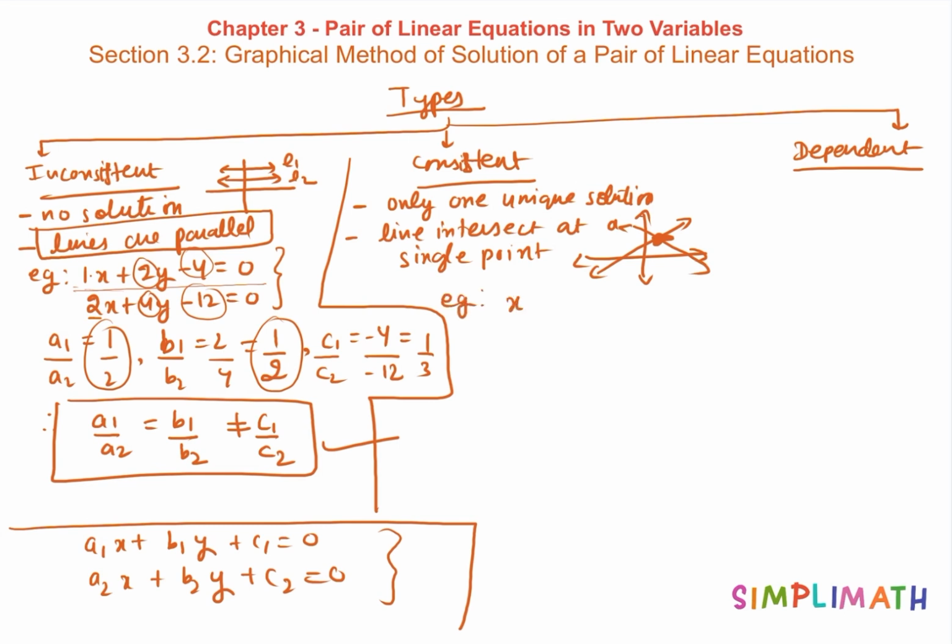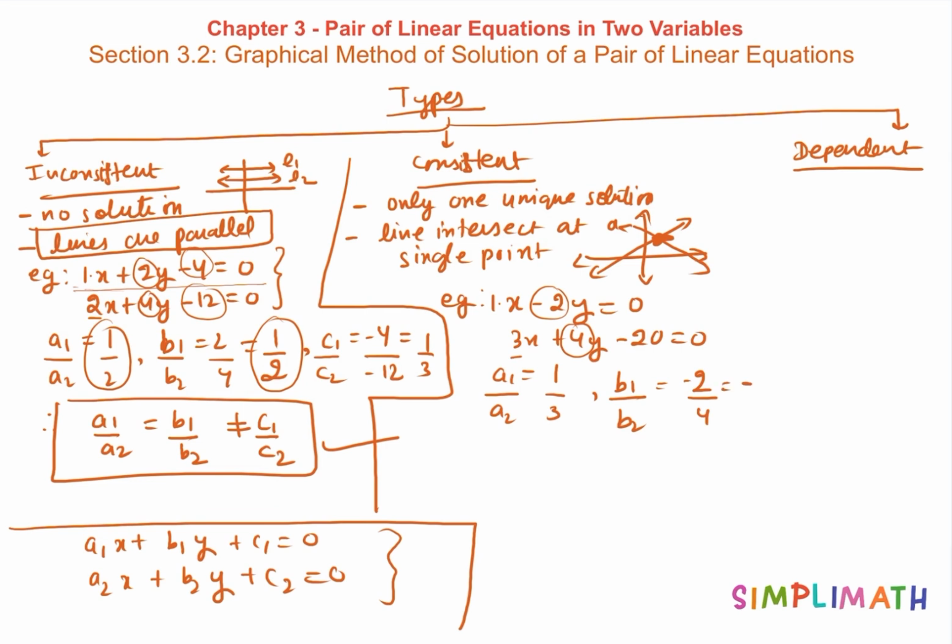For example, x minus 2y equal to 0, 3x plus 4y minus 20 equal to 0. Now from here we can say, what is a1? a1 is 1, a2 is 3. Okay. Now what is b1 by b2? b1 is minus 2 and b2 is 4.